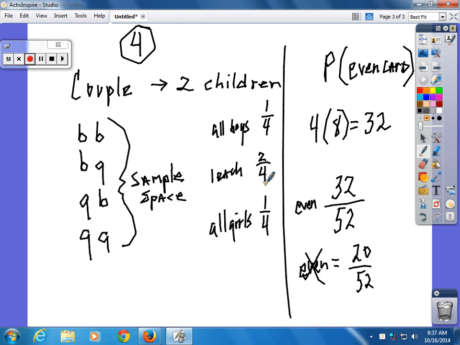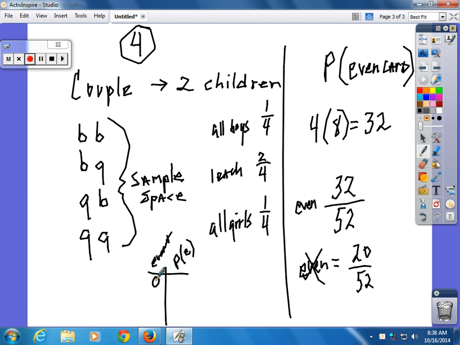I mean, you know how to do it, that's good, but we're just going to write down the event and the probability of the event. Then we put 0 girls. What is 0 girls?